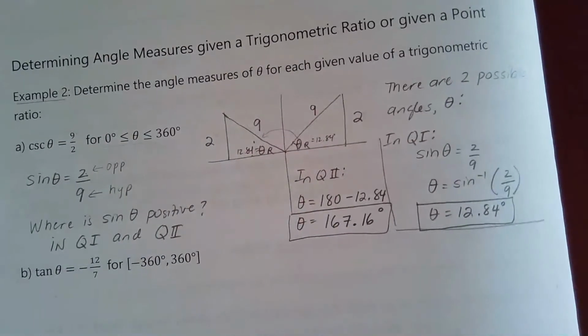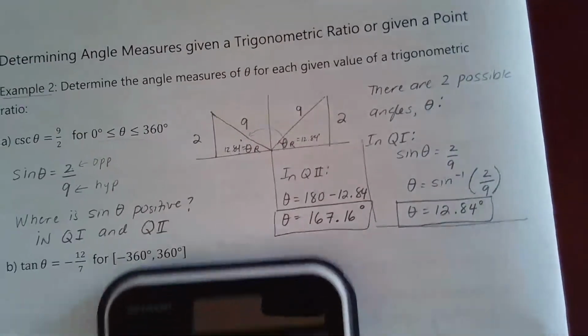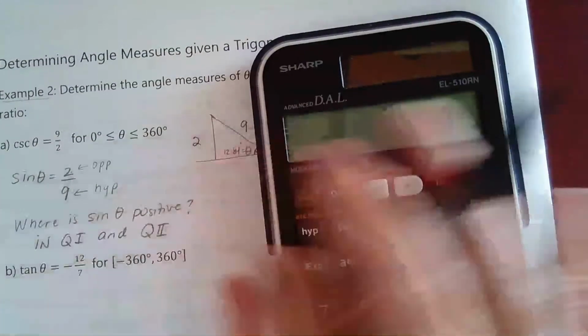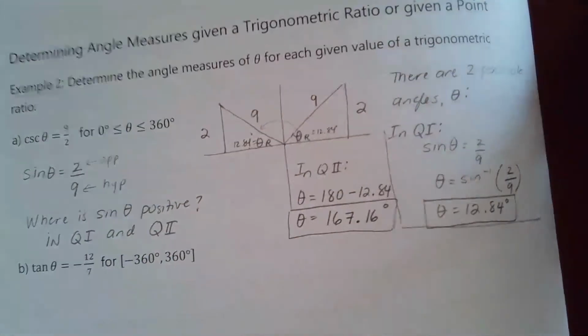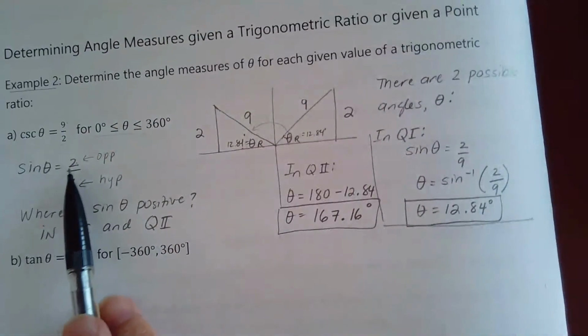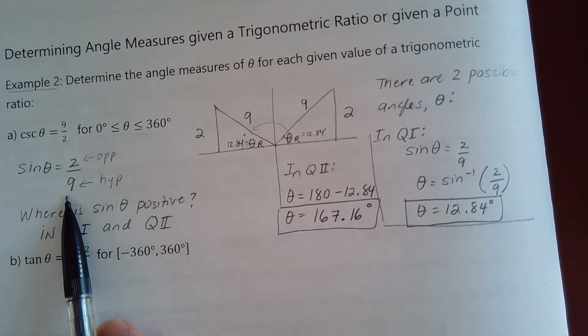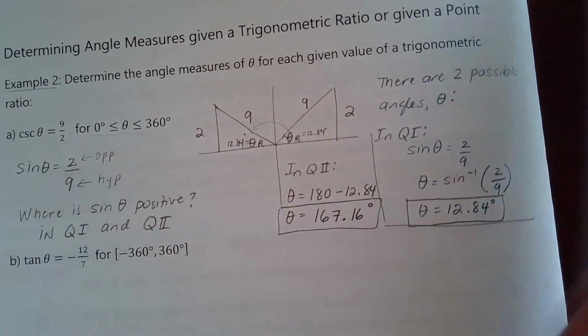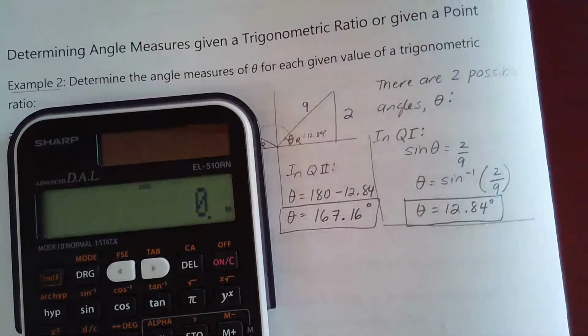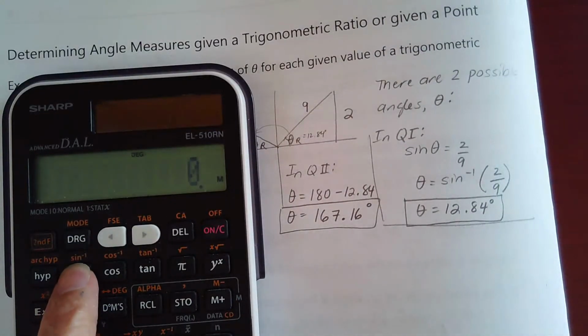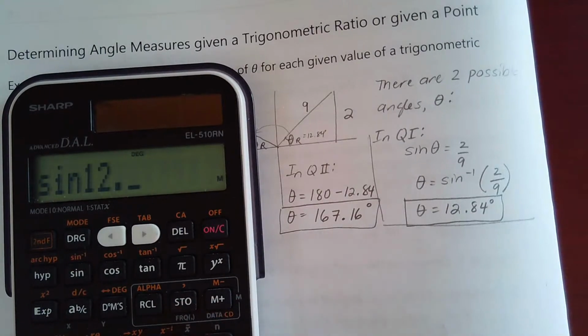So how do you know if your answer is correct? Here's one way of figuring it out. 2 divided by 9 is going to be 0.2222. So if I go here, what's the sine of 12.84 degrees?